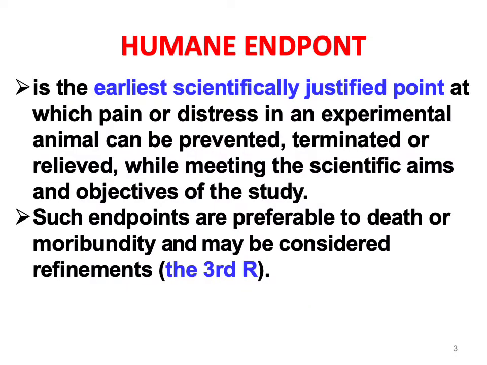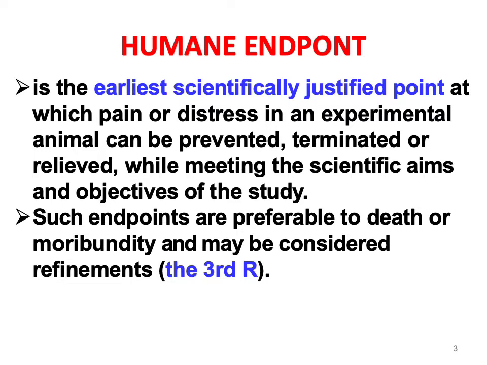So the humane endpoint is the earliest scientifically justified point at which pain or distress in an experimental animal can be prevented, terminated, or relieved, while meeting the scientific aims and objectives of the study.